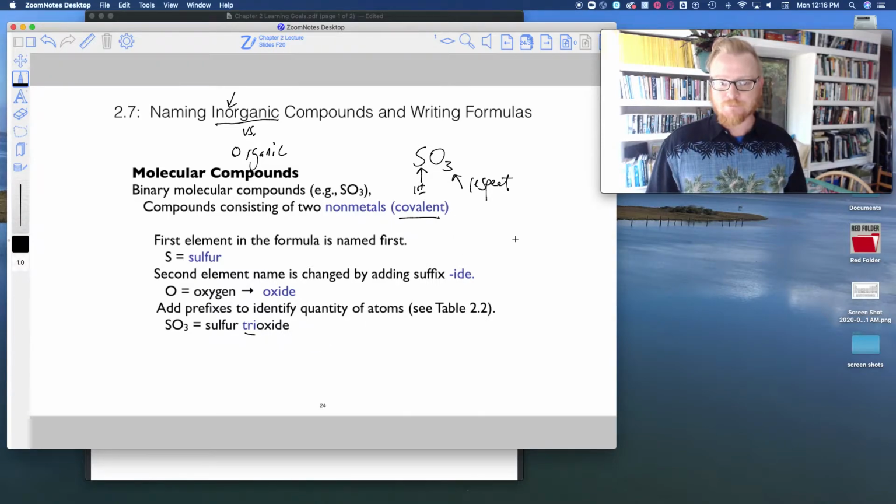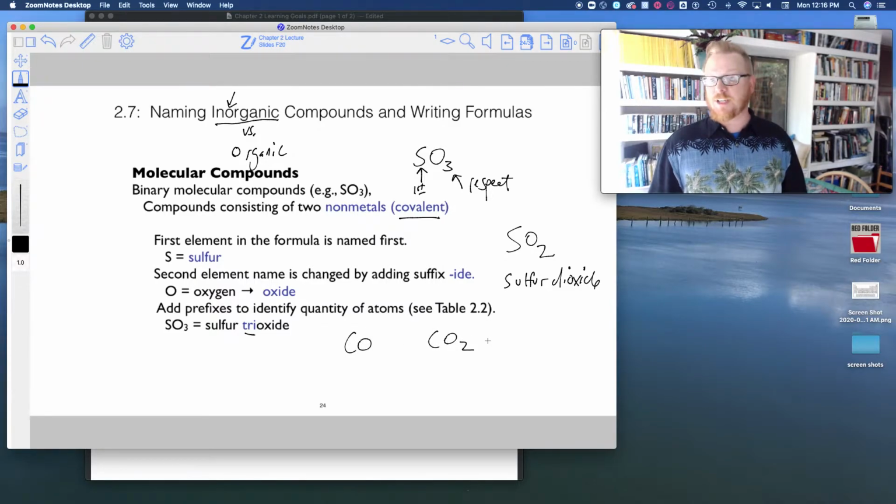What if I had this one? Well, sulfur, and it's oxide, there's a 2 right there. 2 is di. So this would be sulfur dioxide.